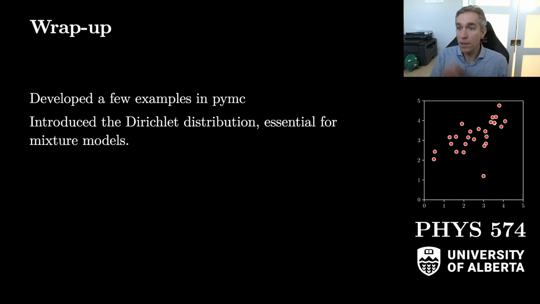All right. So this brings us to the end of the examples. I've summed up what I wanted to present. I gave you a few examples in pymc, and then gave you a couple of really important toolkits here. I think the Dirichlet is the most important because it's an essential tool for mixture models, and when we're combining up and figuring out what the combination of multiple data distributions are.